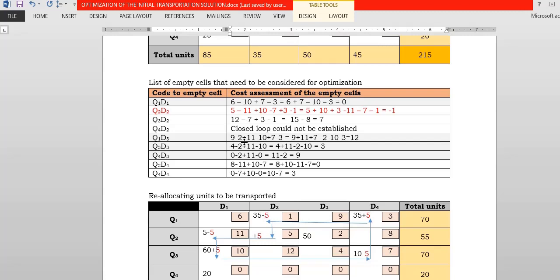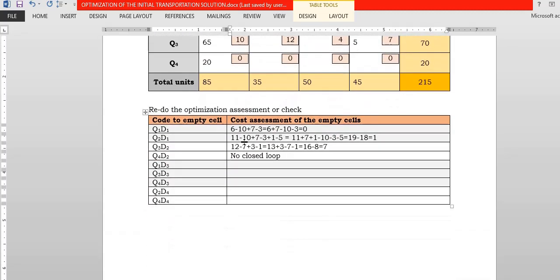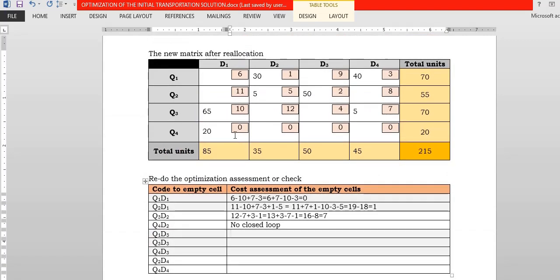You see? Anyway, there's nothing wrong with doing this thing. So Q1 D3 is here.